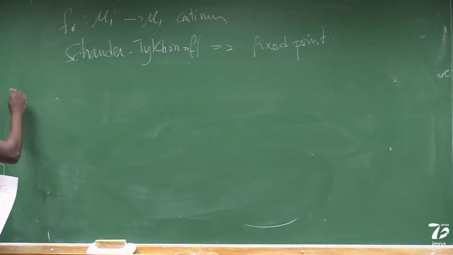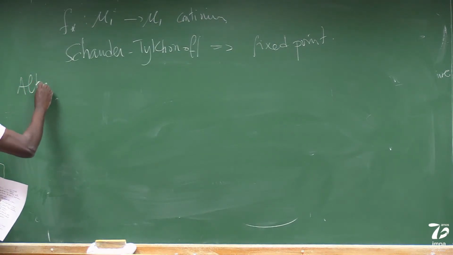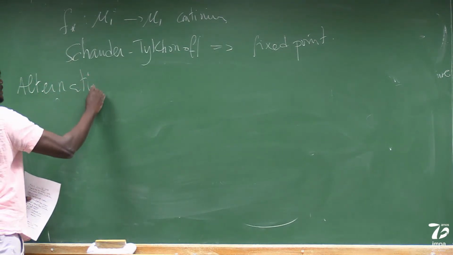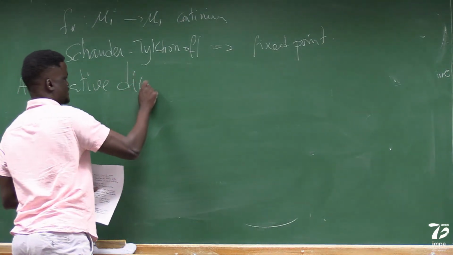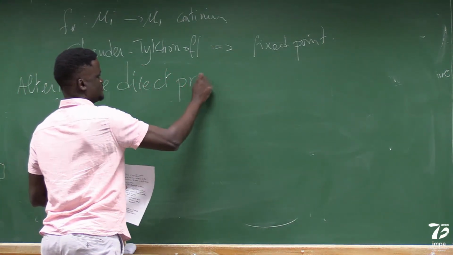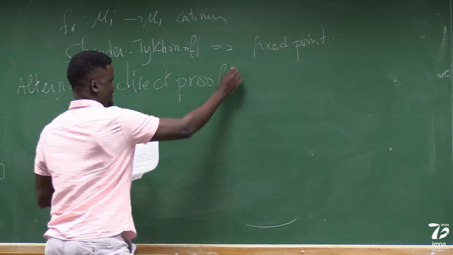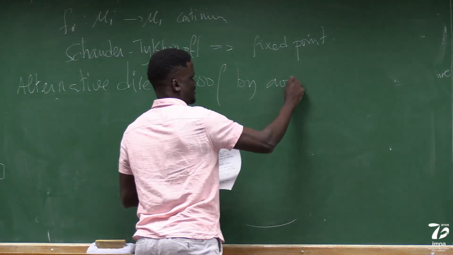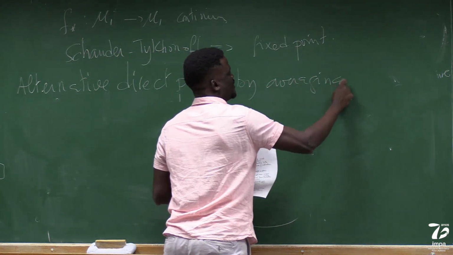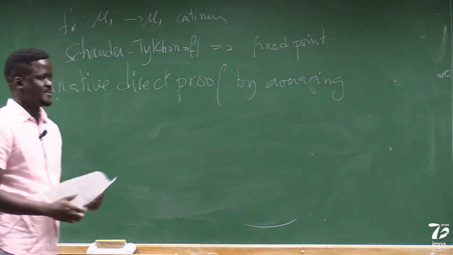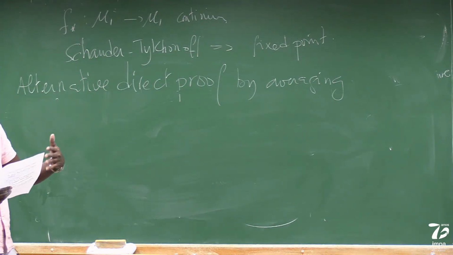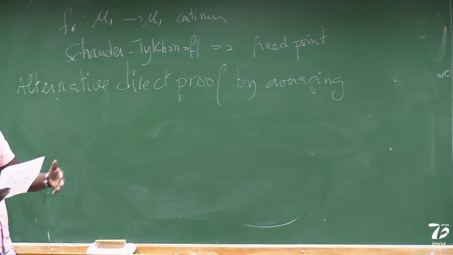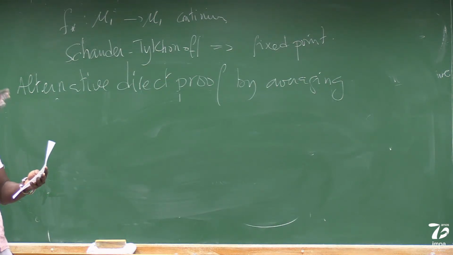There's another alternative. We will also see this direct proof by averaging. In general, if you want to get something invariant in dynamics, what we do is average along an orbit.